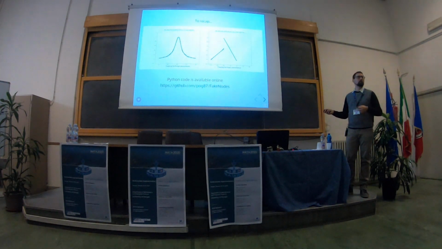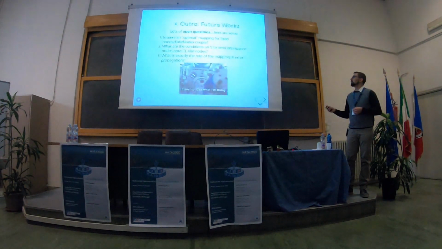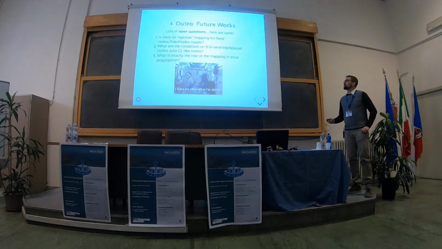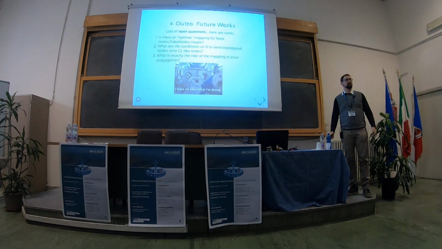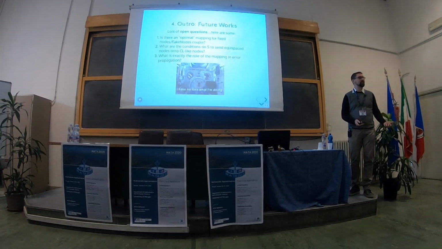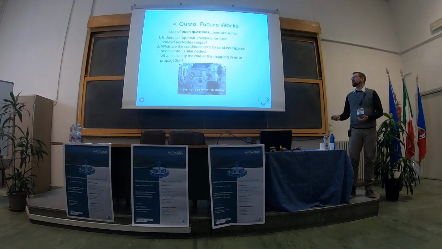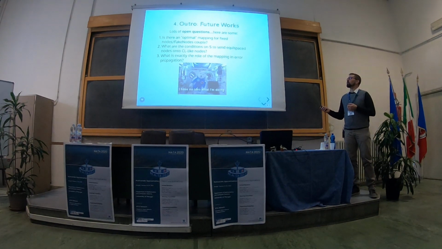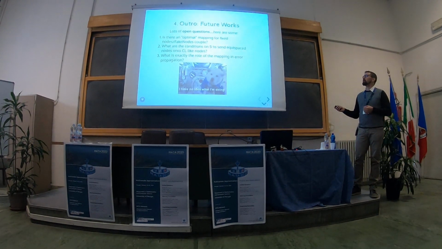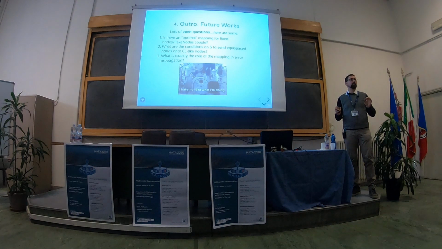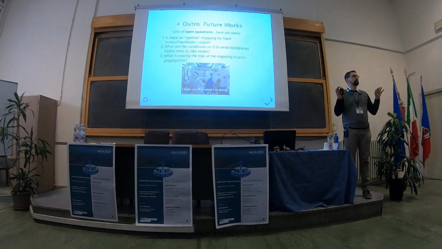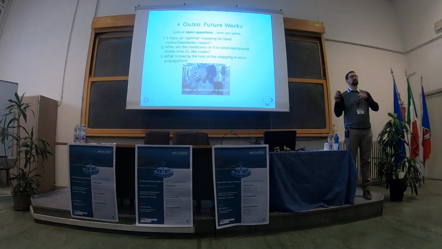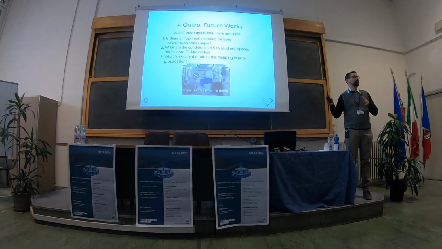Python code is available online for this work if you want to check it out. So, let's talk about future works. There are a lot of open questions about this because it's very simple to apply and very complicated to explain. So is there even an optimal mapping for fixing the couples, nodes, fake nodes? Suppose that you have some nodes and you know exactly where you want to map the nodes.